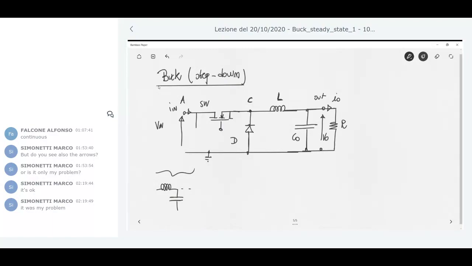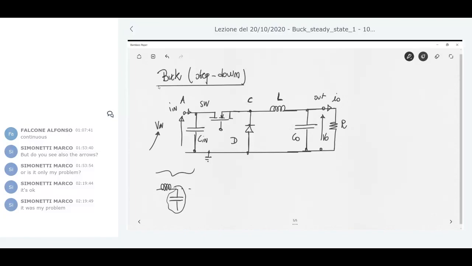Here I can put a capacitor, which is called C in, the input capacitor, which is the representation of the last component of the low-pass input filter for EMC purposes. I know that placing a capacitance across a voltage source seems to be nonsense, but you have to take into consideration that Vin is not constant at all.